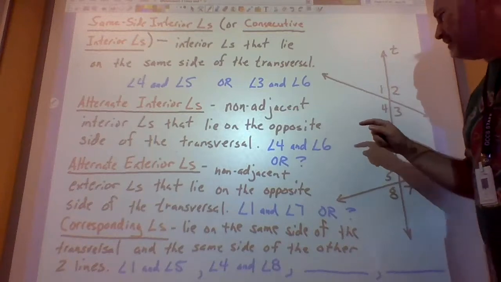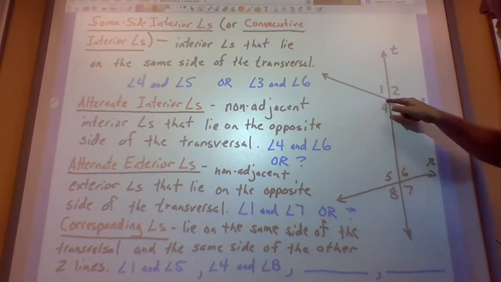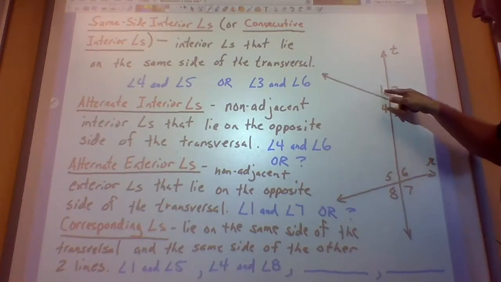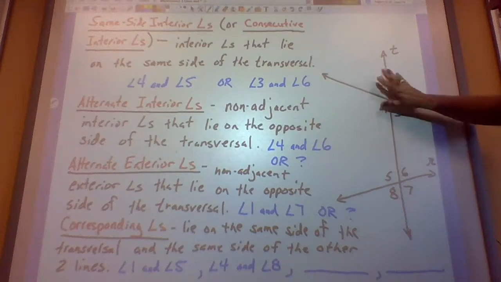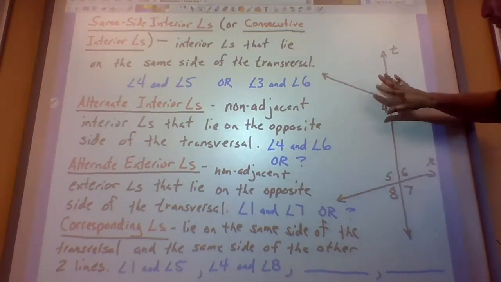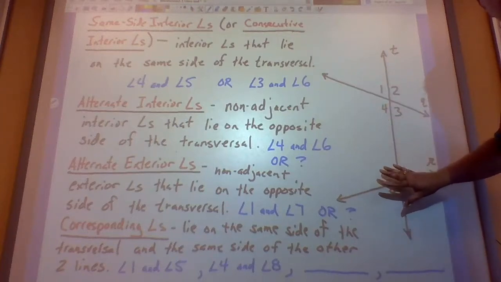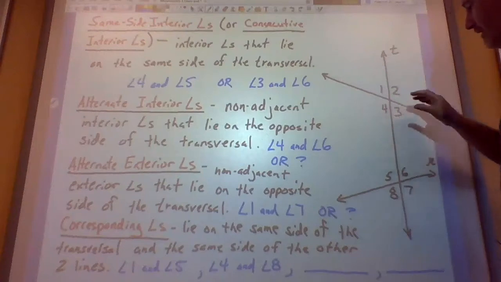So if I say same side, and I'm talking about angle 4, and you say, well, angle 1 is on the same side of the transversal, no, he's always going to have a relationship with somebody in the other group.